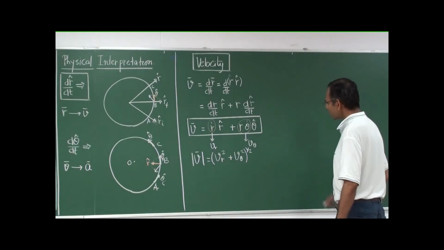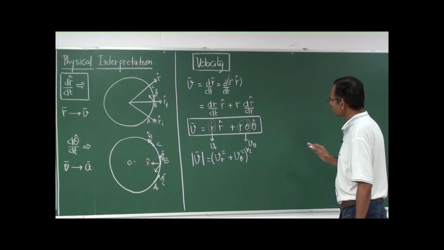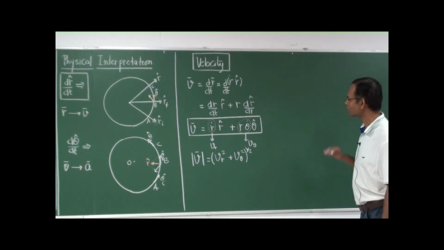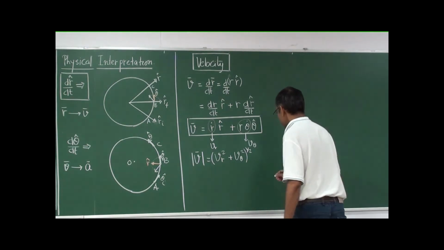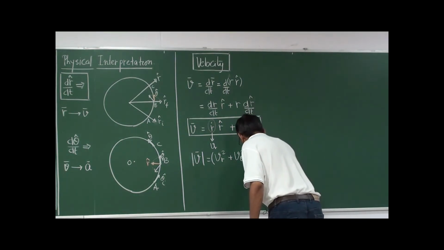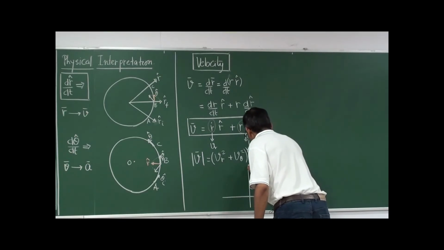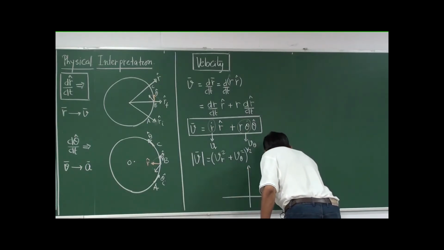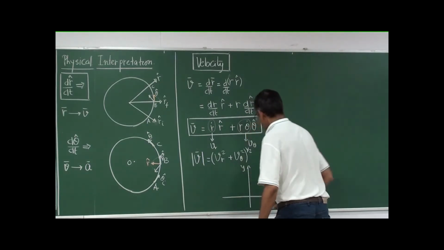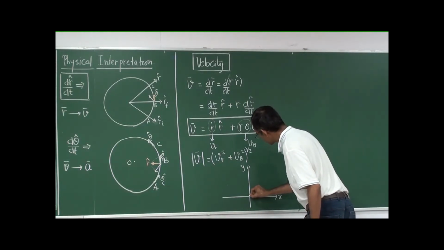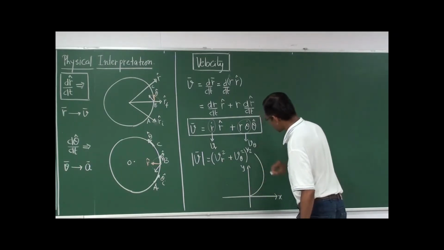Now let me show you a little bit through a diagram, how it looks. This is your xy axis. Suppose a body is moving like this, something like this.